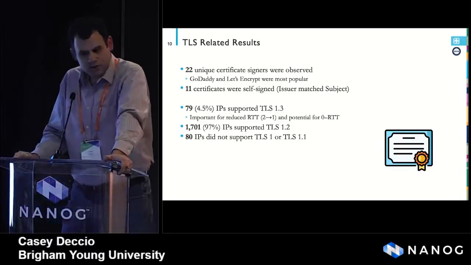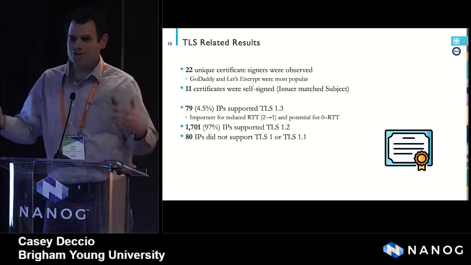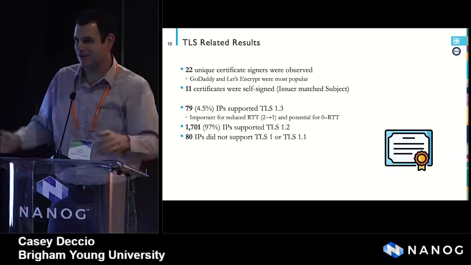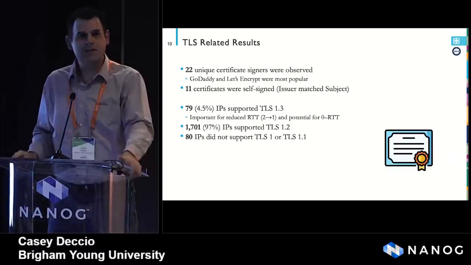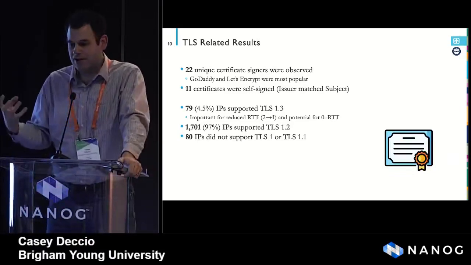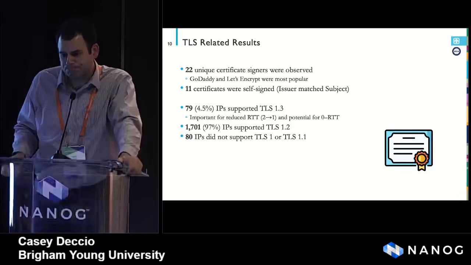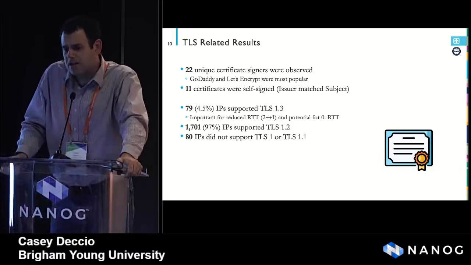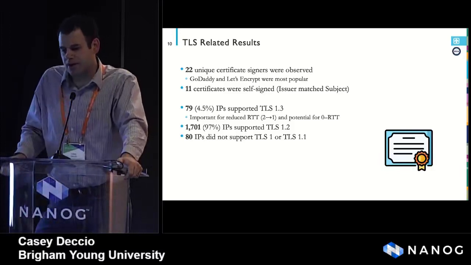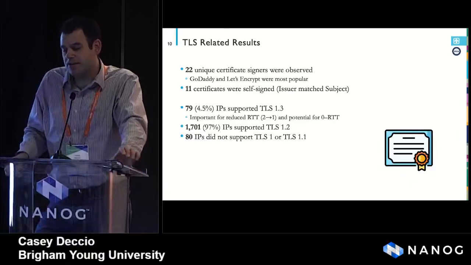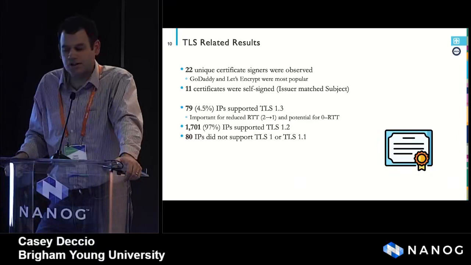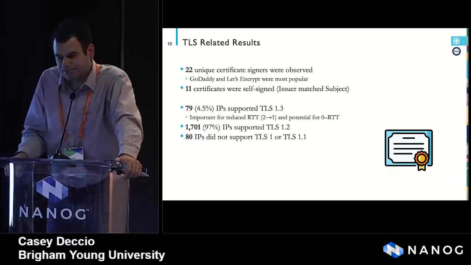There is some question about how much you really care about the client side being able to validate the authenticity of the certificate on the other side. In terms of version support, we have the new TLS 1.3. Only about 4.5% of IPs supported TLS 1.3.